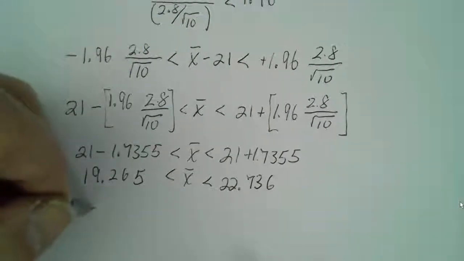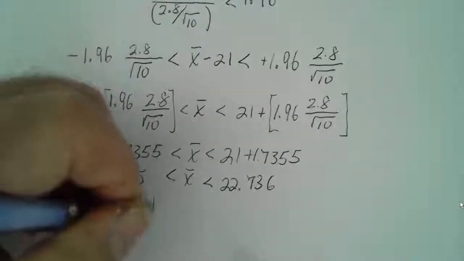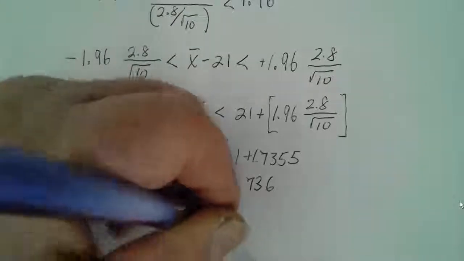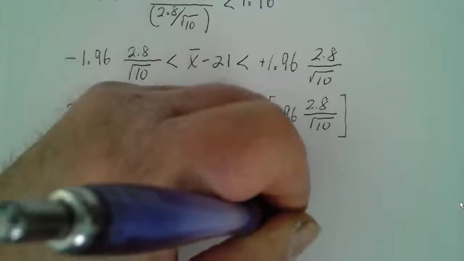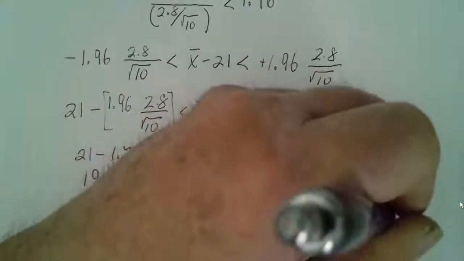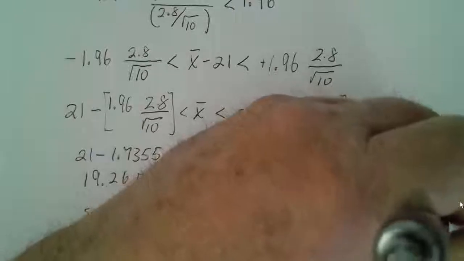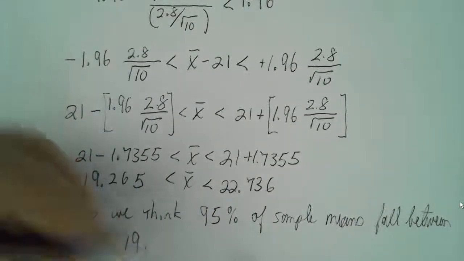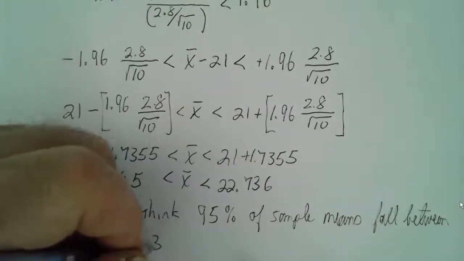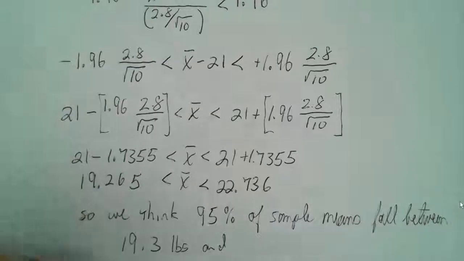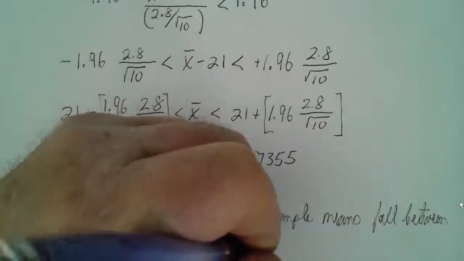So we think 95% of sample means fall between about 19.3 pounds and 22.7 pounds.